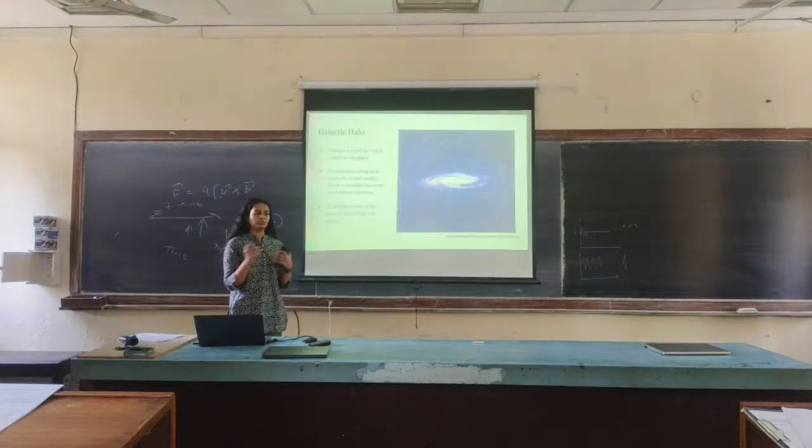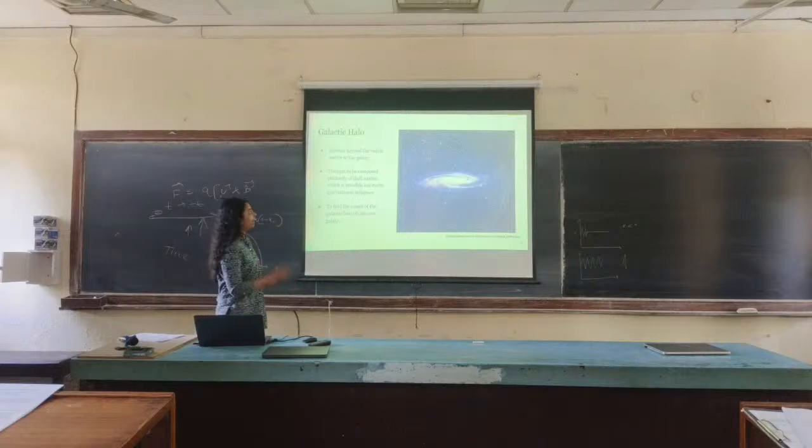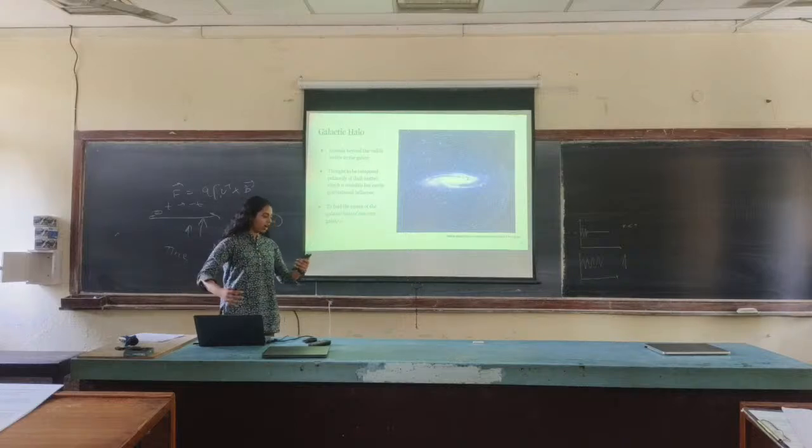To begin with some background, a galactic halo is a roughly spherical extended region surrounding a galaxy, which consists not only of visible matter in the galaxy like stars, globular clusters, dust or other things.